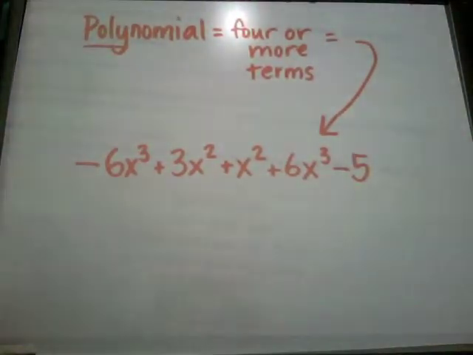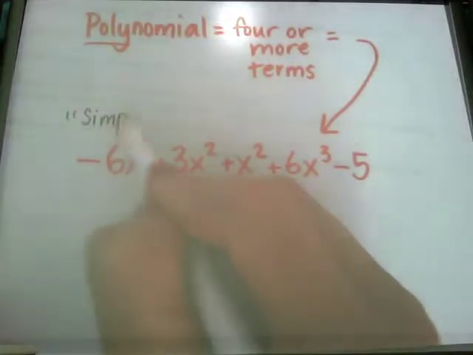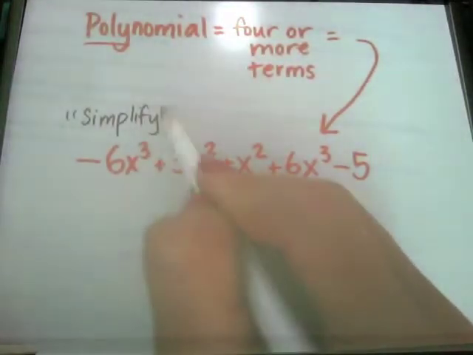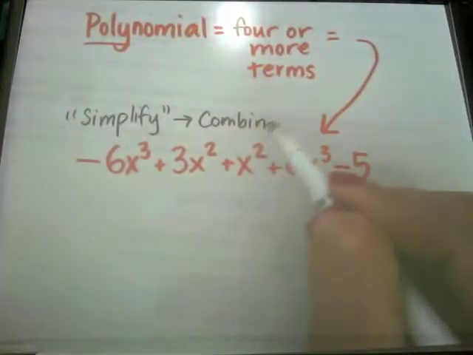There is a 5-term polynomial. The instructions for this would say simplify, and that means combine like terms.